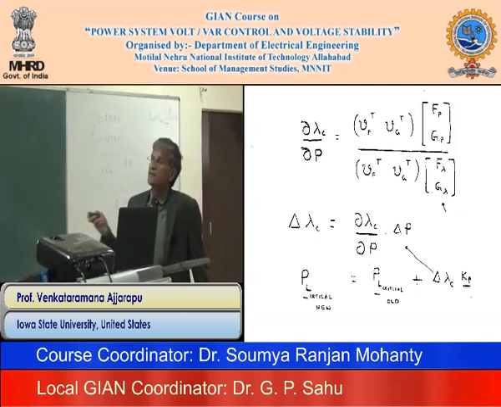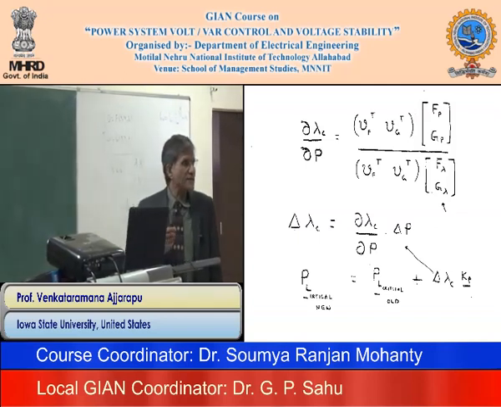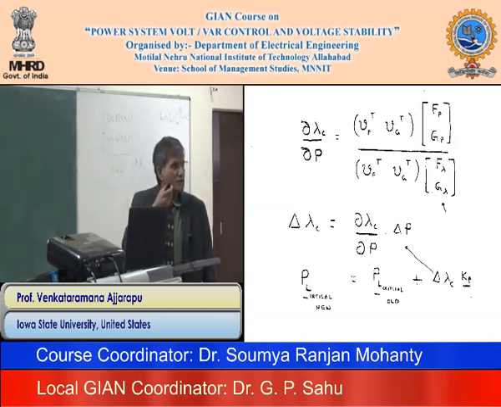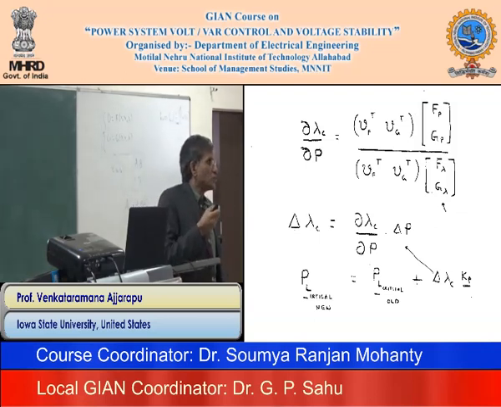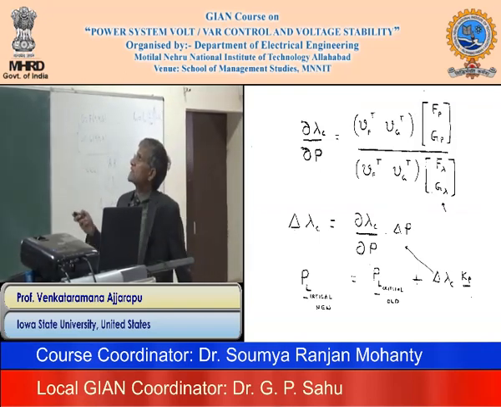So P can be a set point, and you can look at how much a set point change increases the margin. If I change by delta p, how much margin increase can I get? If instead of putting 1 per unit, I put 1.01, how much increase do I get? Is it worth it to do that? So that's the idea here.